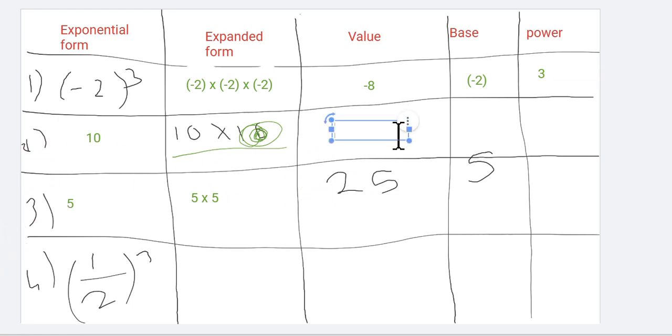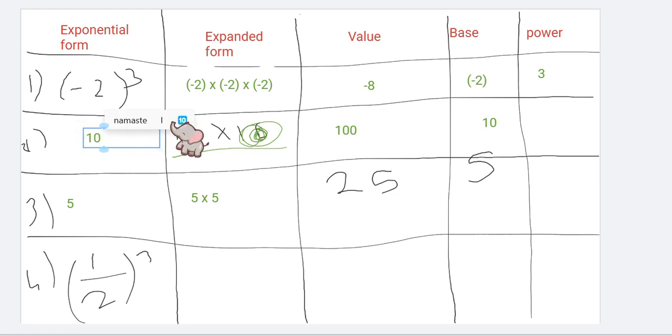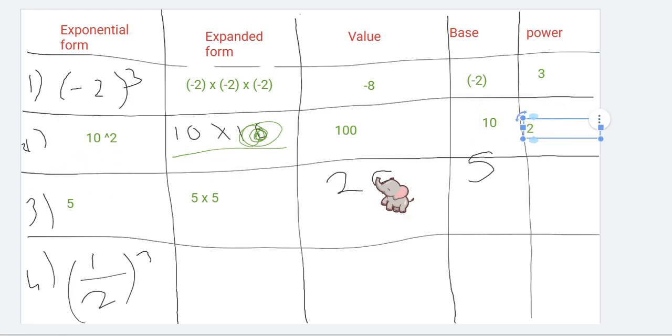The value will be, what is 10 times 10? It is 100. Right? What will be the base? The base is 10 over here. And what will the exponential form be? 10 to the power 2.